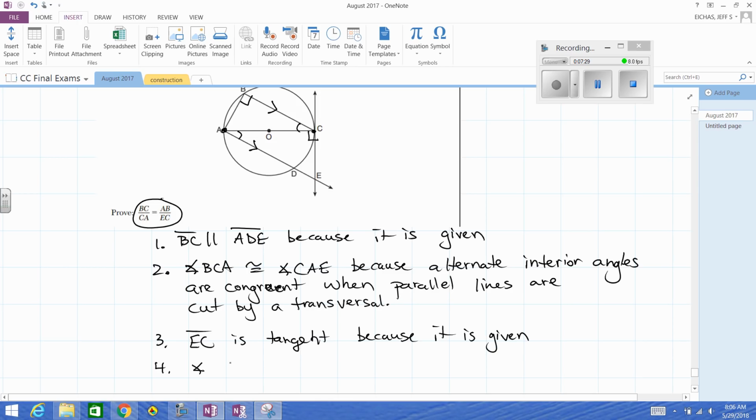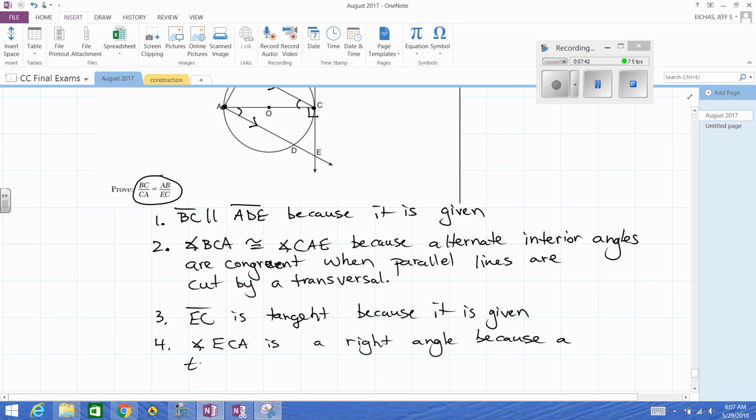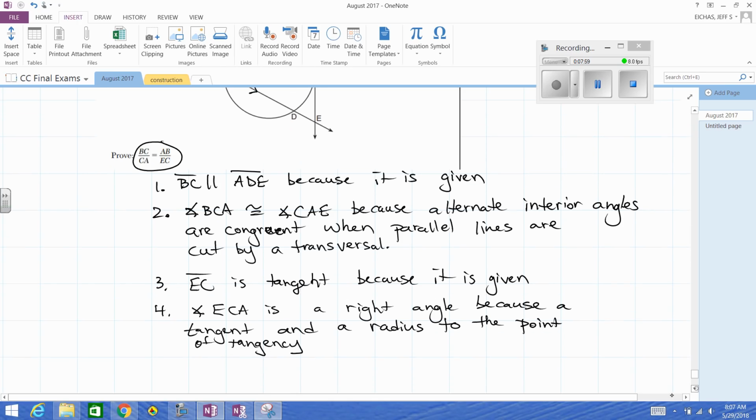So angle ECA is a right angle, because a tangent and a radius to the point of tangency form a right angle.